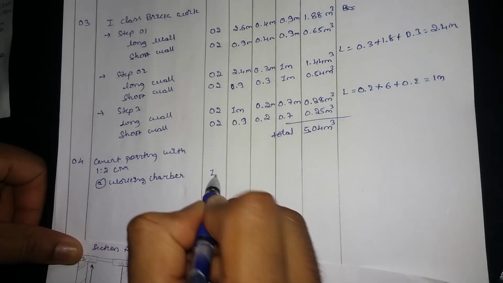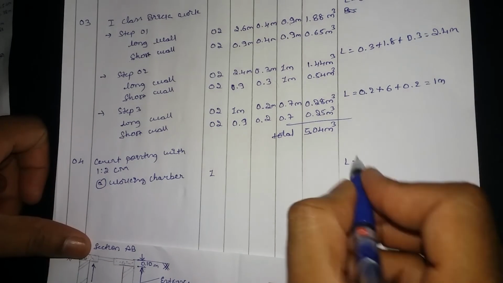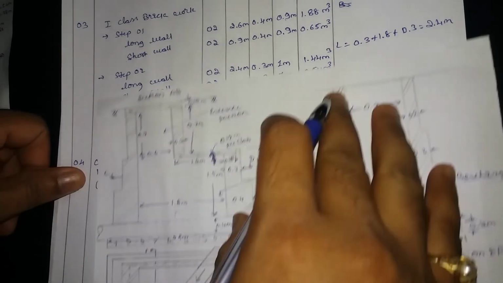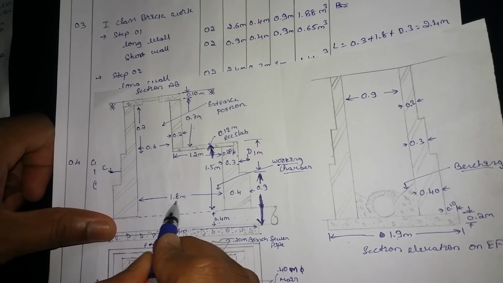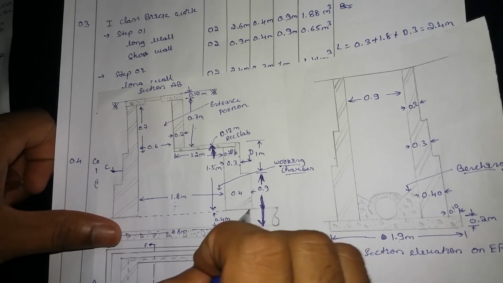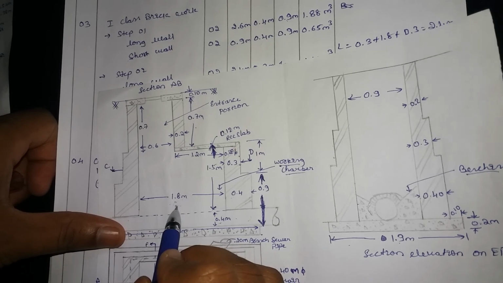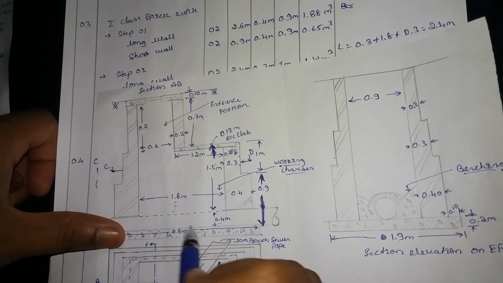So how many chambers are there? There is only one chamber, so we need to find out the length. Length is equal to what? That is 2 into this distance. What is this length? It is 1.8. Then what is this breadth?